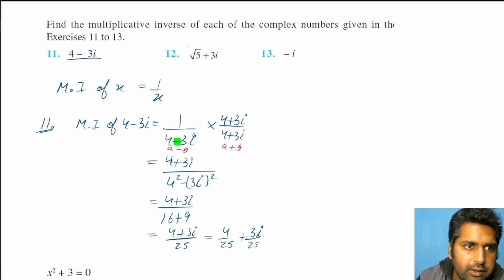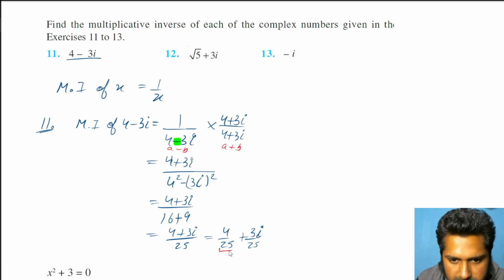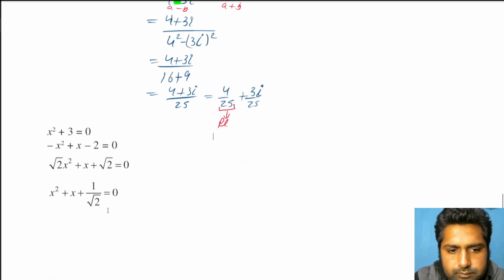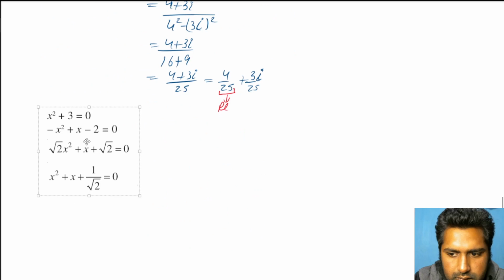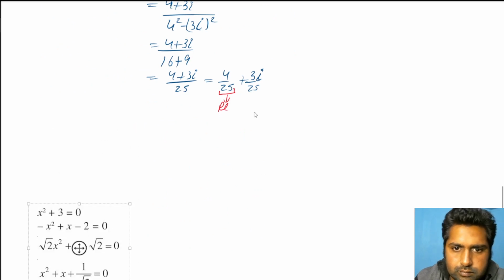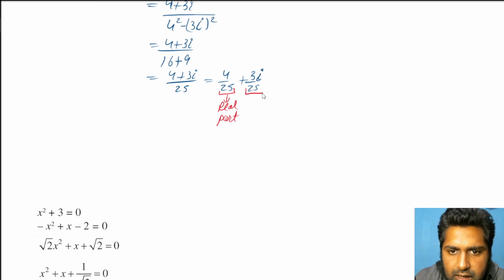This is how you separate real and imaginary part. The one without any iota in it is called the real part. And the one with iota is called the imaginary part.